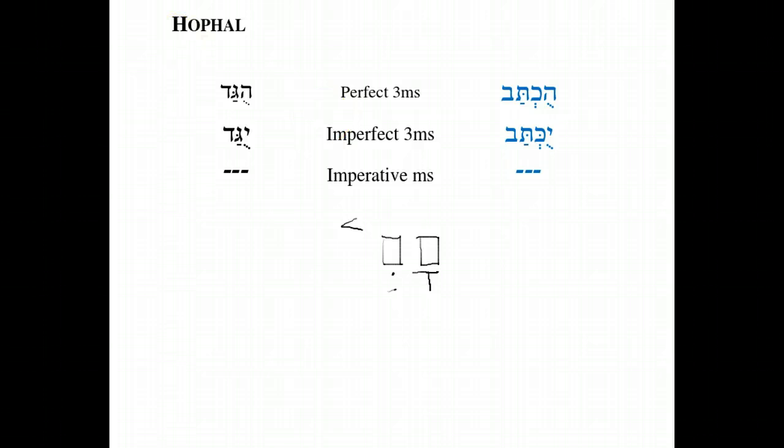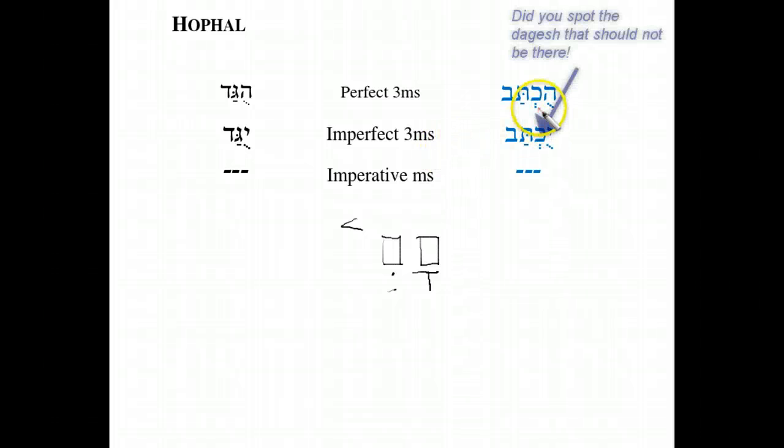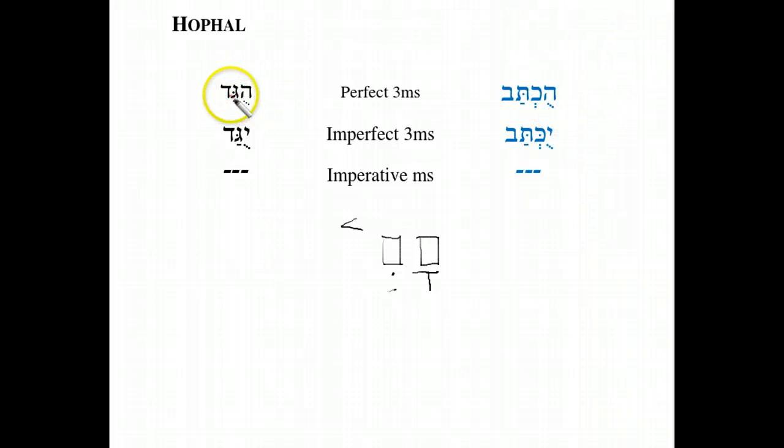But there was also a corresponding form with the u with the kubut right here. And that's the one which we're using now. So we have huchtav versus hugad. And again, that nun is missing, but the first visible root letter has the strong dagesh, which is really the sign of that assimilated nun.